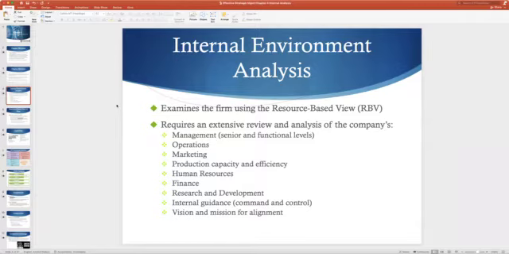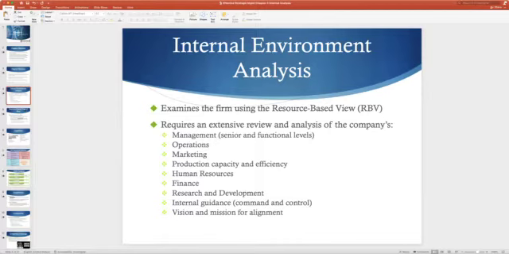Is the organizational structure designed in such a way that it provides clear communication, coordination of activities that go on within that organization? And then, of course, we want to revisit our vision and mission to make sure that our strategy is in alignment with the vision and mission statement.